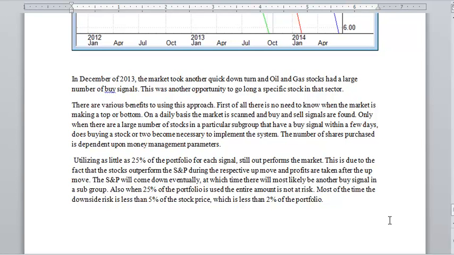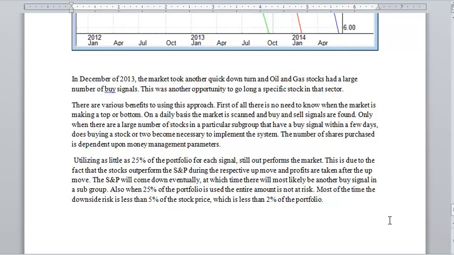And considering the fact that when you use 25% of the portfolio, and when you enter in a stock, let's say your risk is 5%. So 5% of 25% winds up being about 1.25, maybe worst case 2%. So your risk of your portfolio is only about 2% on the trade, and this seems to work reasonably well.